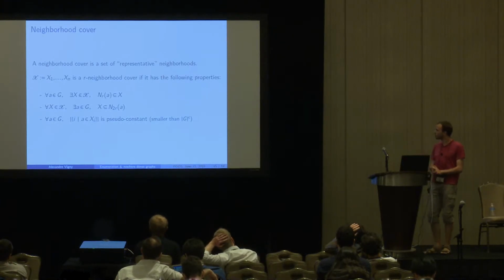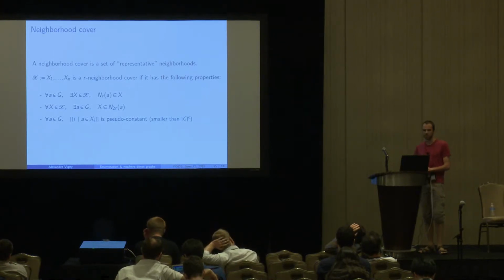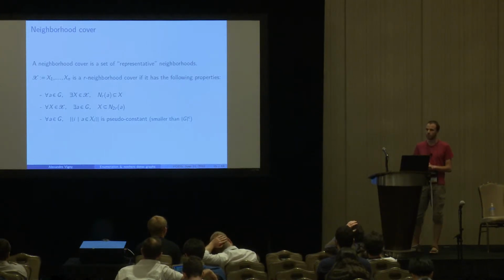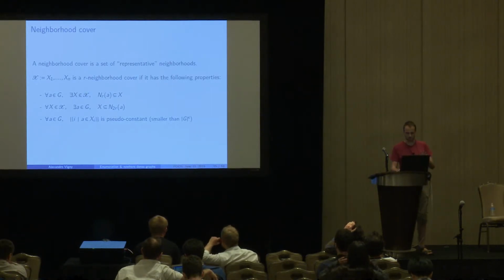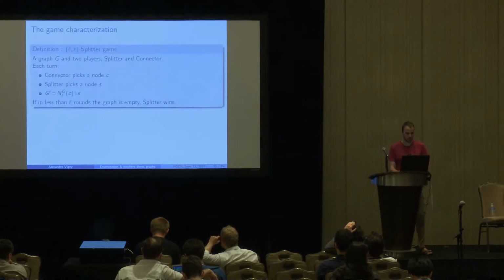So a neighborhood cover here is a set of bags such that for every node there is a bag that contains its neighborhood. Every bag is not too big. It's included in the bigger neighborhood of one node. And for a given node, the number of bags that contain it is not too big. Okay, so I will use that in a few seconds.